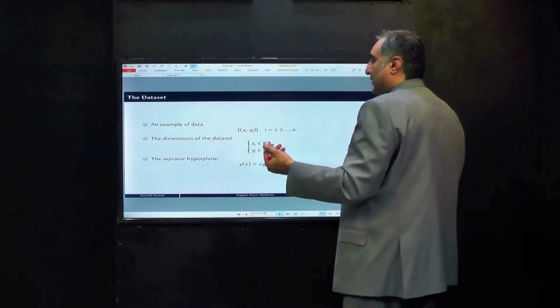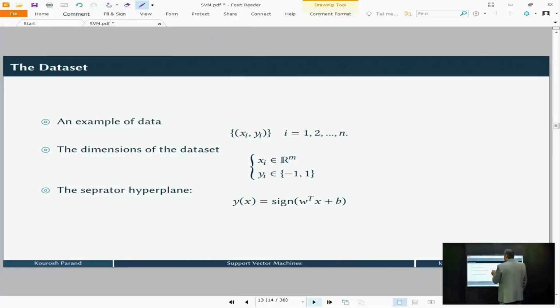So how does it work? My features, my inputs, my x_i's, are in R to the power of m space, and my outputs are labeled accordingly, because it's a classification problem in the form of -1 and 1, right? So my inputs are in R to the power of m, and my outputs are -1 and 1. How much data do I have? I have n data points.